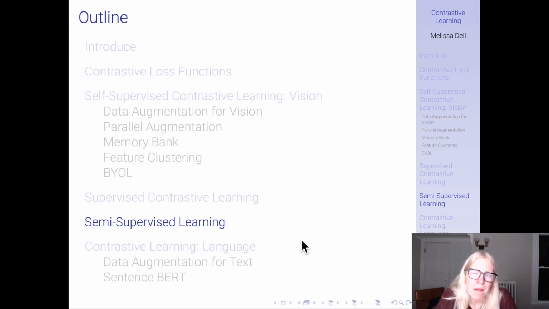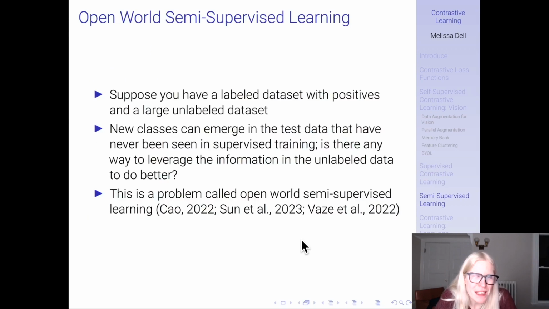Okay, I want to say a word about semi-supervised learning now. Suppose you have a labeled data set that has positives in it, and then you have a large unlabeled data set. You could just do supervised learning on your labeled data. But new classes can emerge in the test data that have never been seen in supervised training.